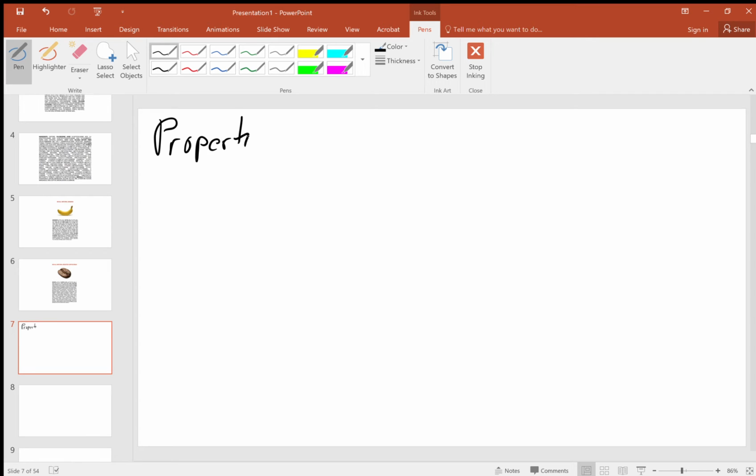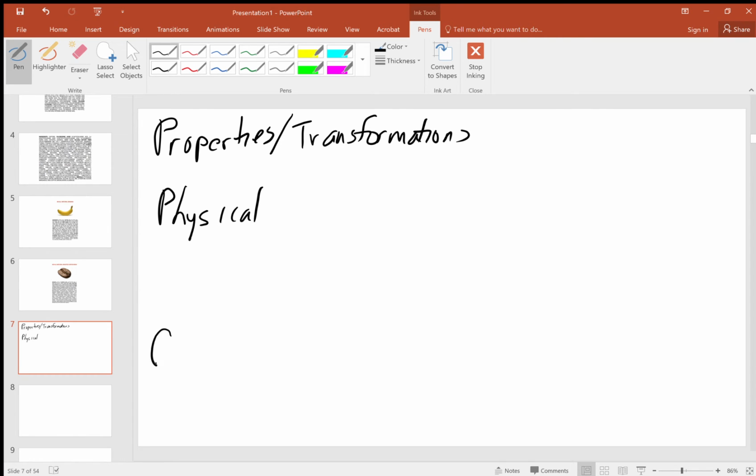What about properties? Well, when we talk about both properties and transformations, we divide them up into physical as well as chemical. And it usually makes the most sense to talk about these together.